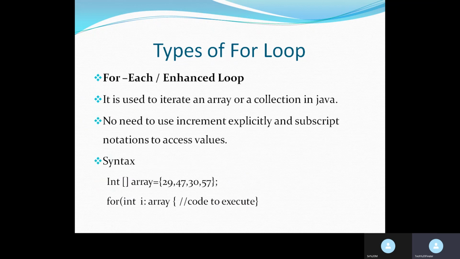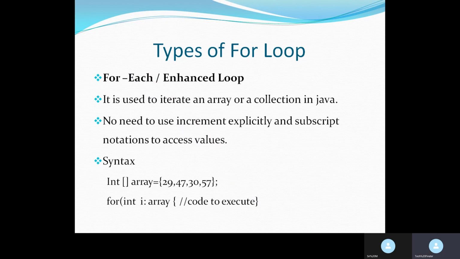Next one is the for each or enhanced for loop. Basically, this for each loop is used on arrays or collections for printing the data in a simple way. Here the advantage is we need not use the increment part of the for loop. No need to give the increment.